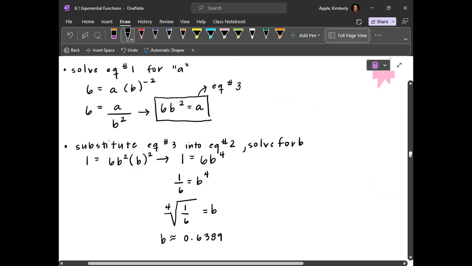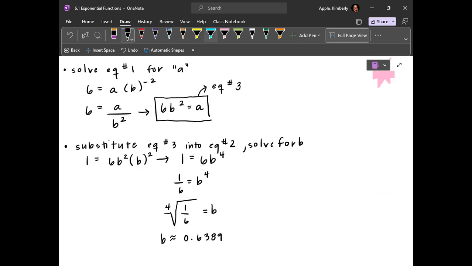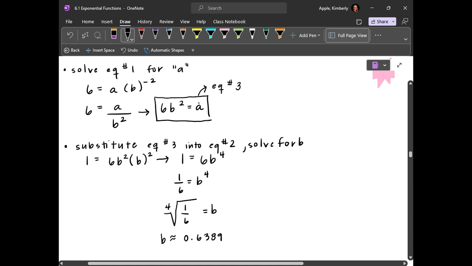So the only other value I need now is a. Remember, I need an a and a b to write an equation. But recall that equation number 3 is already solved for a. We simply have to plug in the numeric b that we've already found. So now I want to plug in b and solve for a.